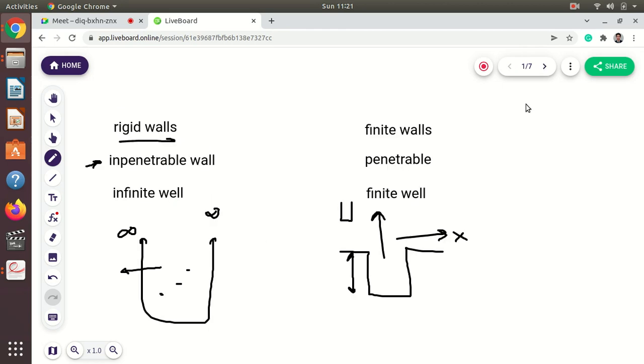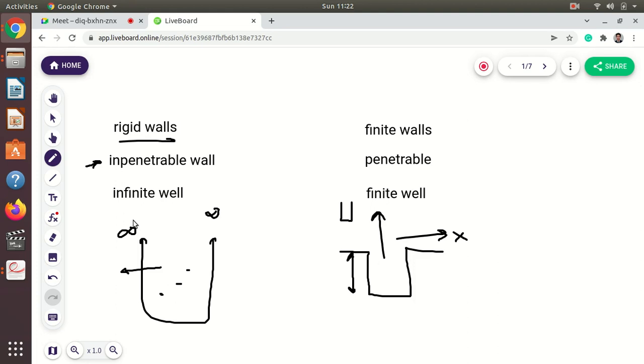So I will just recap this again. This is the infinite well. In the infinite well the potential outside is always infinity and the potential inside is 0. In the finite well there is some finite height of the well. We will assume this as u or v naught.